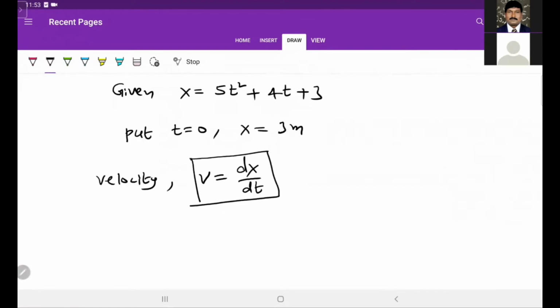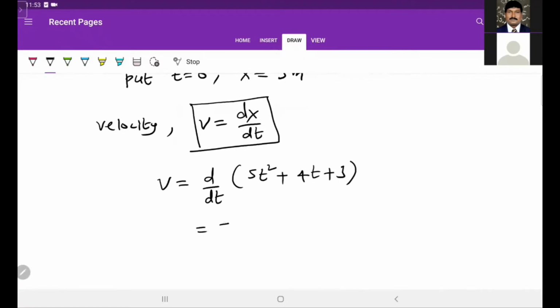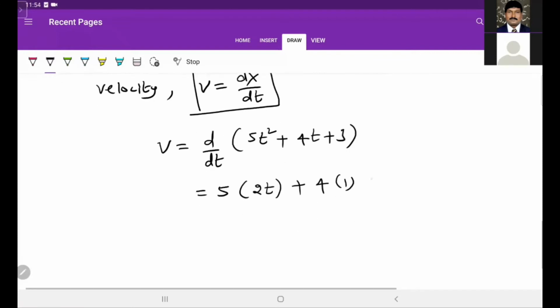So it is called velocity. So velocity is equal to d by dt of 5t square plus 4t plus 3. We get 5 times 2t plus 4 times 1 plus constant is 0. Differentiation of constant is 0.